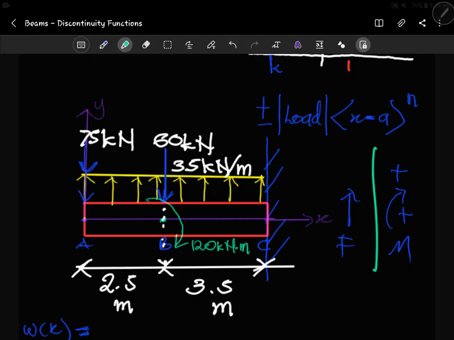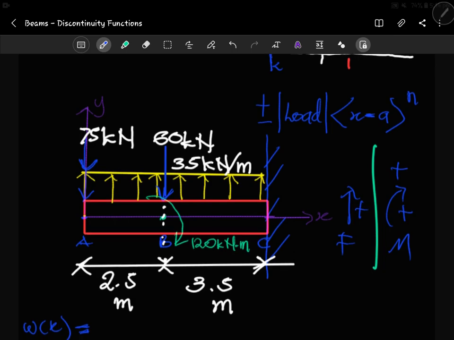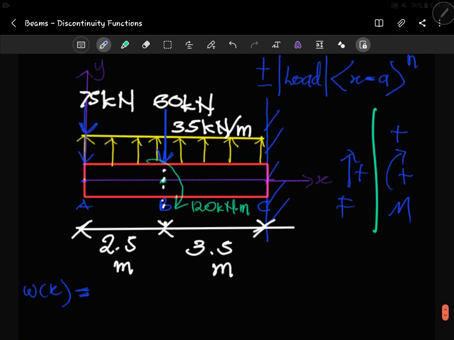This is a plus. Okay, so we move on. When we start at this very point, we have two things there. We have this force that goes down, it's already there, and we have this uniform distributed load in yellow. If we represent the force, is it plus or minus?